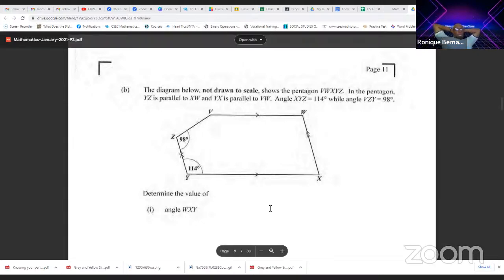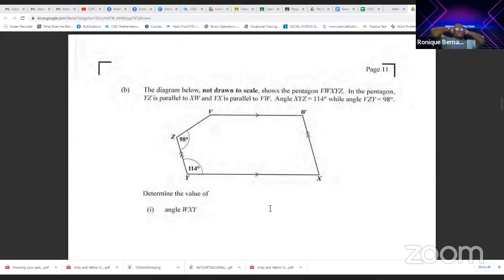Now, can anyone tell me what they say about angles formed between two parallel lines? Anybody know anything about that? Angles that are formed between two parallel lines.